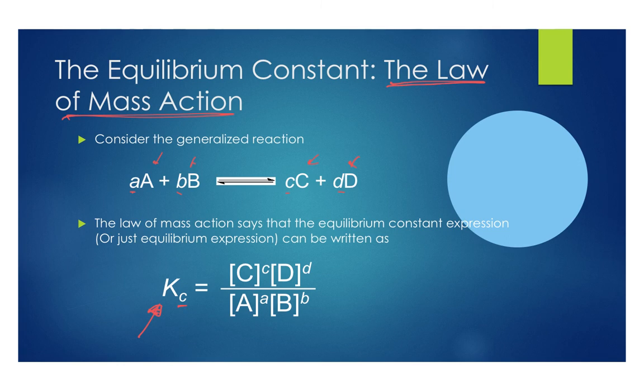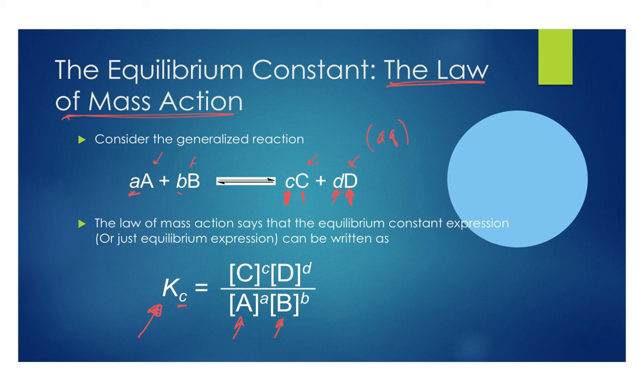It's written as Kc because it's going to be in concentrations. So these A, B, C, and D here would all be aqueous. We're going to write that as the concentration of product 1 to the power of its coefficient, times the concentration of product 2 to the power of its coefficient, divided by the concentration of reactant 1 to the power of its coefficient, and the concentration of B to its coefficient.